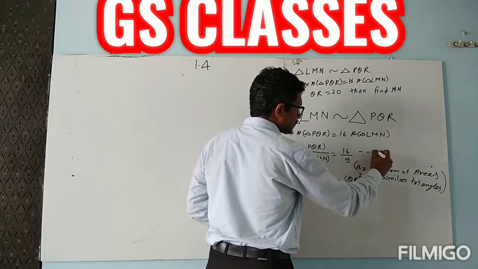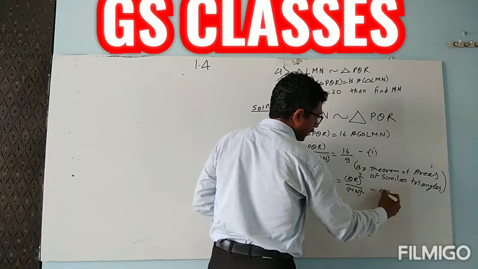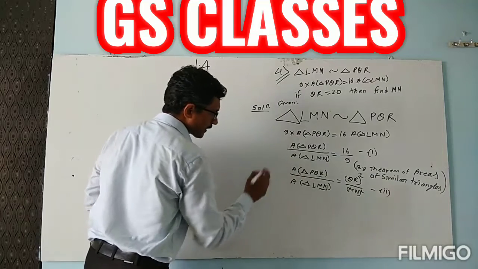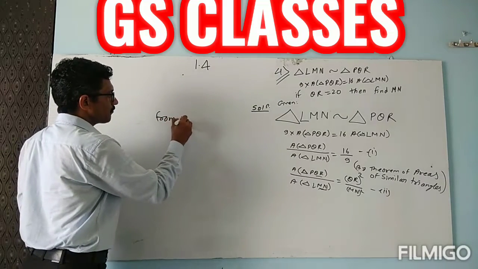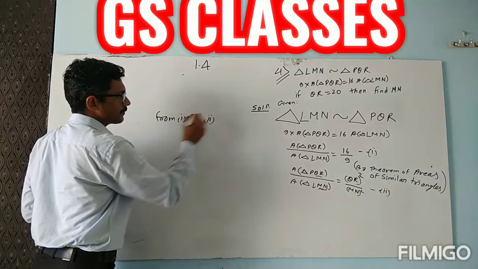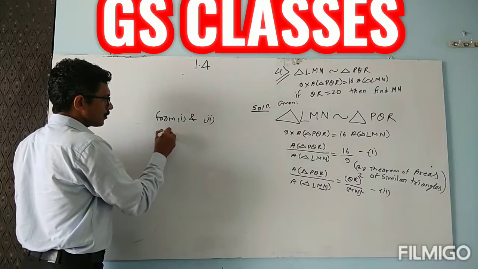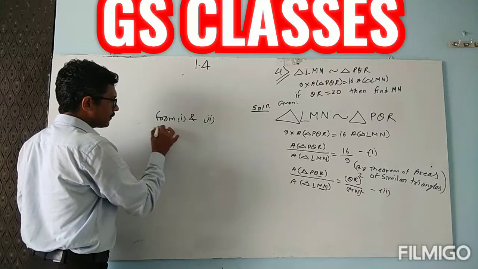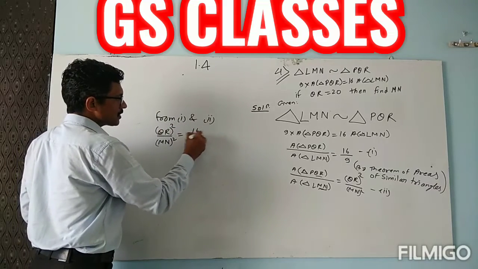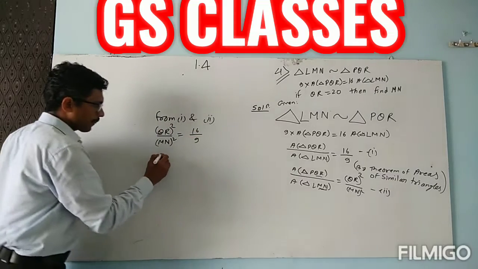So if this is first one and this is second one, children, from first and second I can say that QR square upon MN square equals to 16 upon 9.